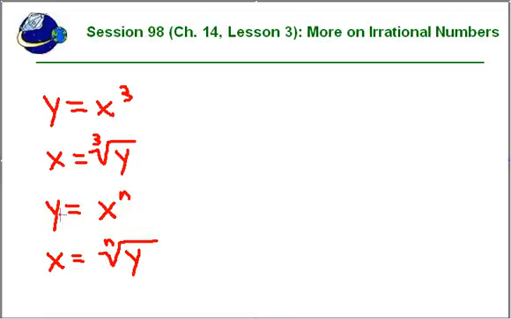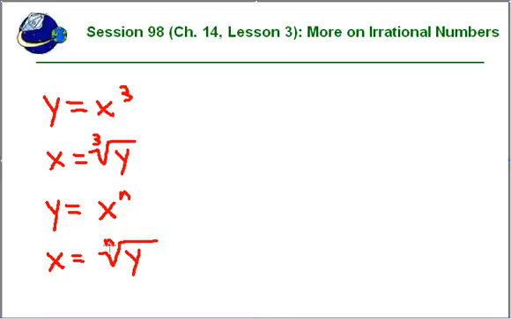Here we have y equals x to the n power, or y equals x to the nth power. And then the way we pronounce this would be x equals the nth root of y. So if n is 5, we would say x equals the fifth root of y.